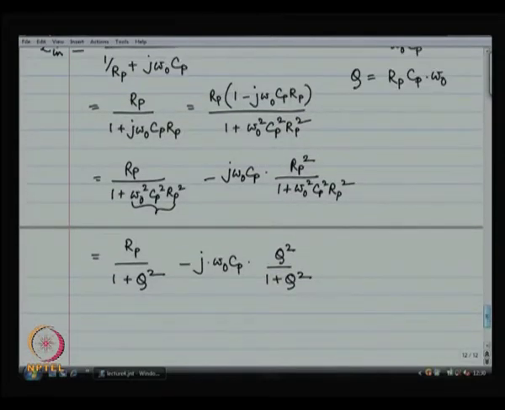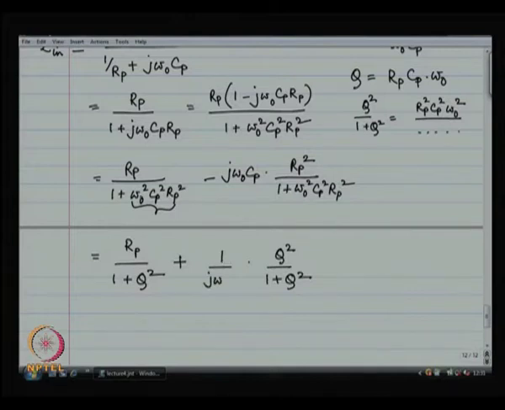q squared by 1 plus q squared. So, something like this.